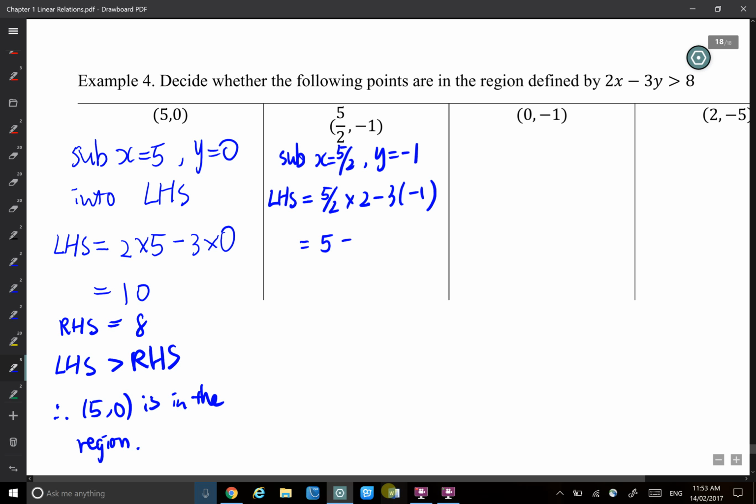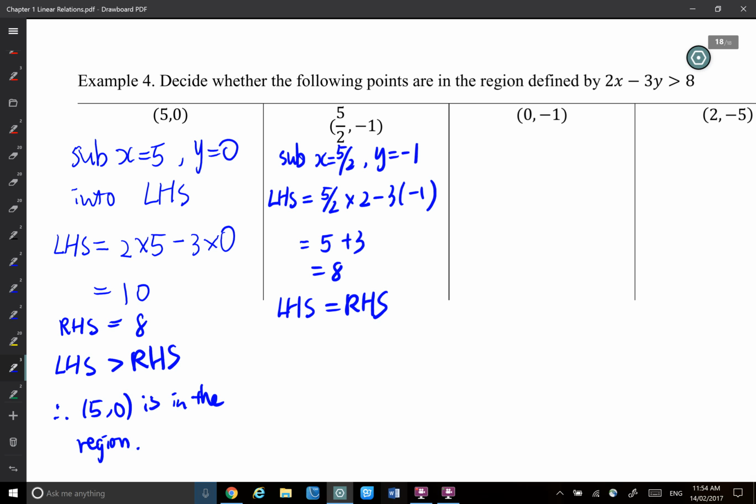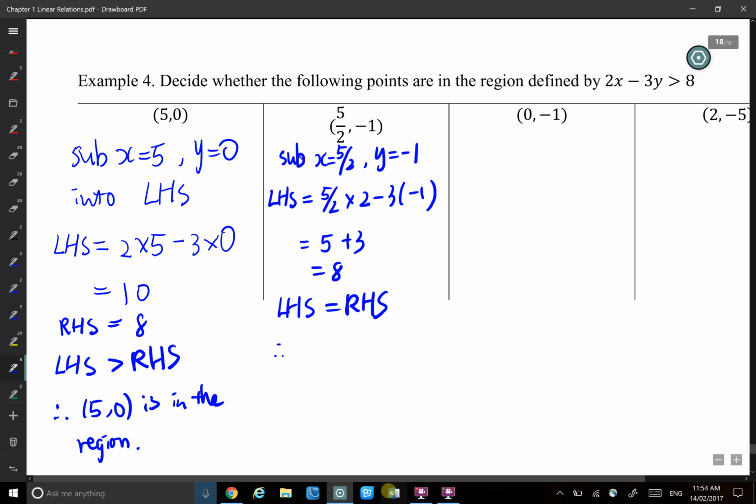That equals 5 plus 3, that equals 8. Okay, left hand side is equal to right hand side. I don't want equal, I want them greater. You just gave me a point that is equal, which is not satisfied. So (5 over 2, negative 1) isn't in the region.